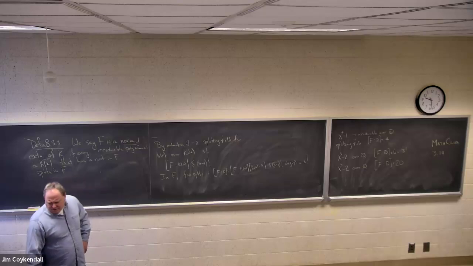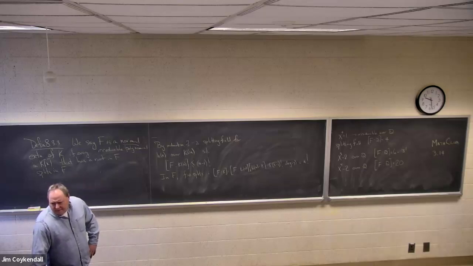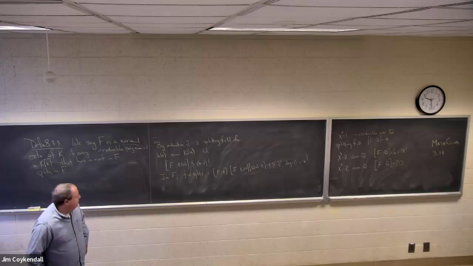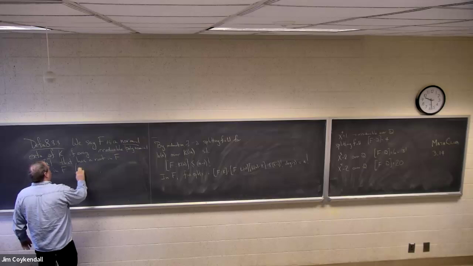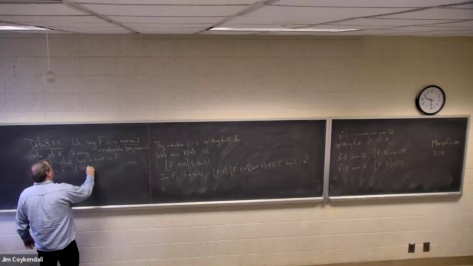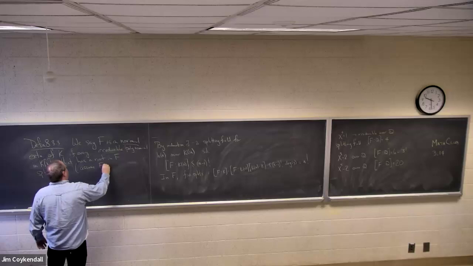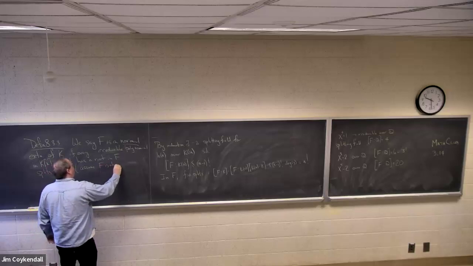So we say that an extension is normal if every non-constant irreducible polynomial of K[x] that has a root in F actually splits over F. And we'll assume here F is algebraic.